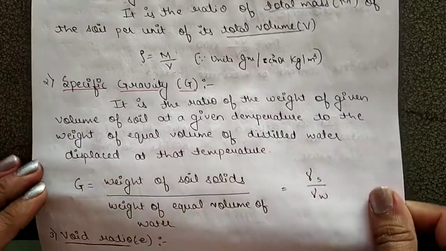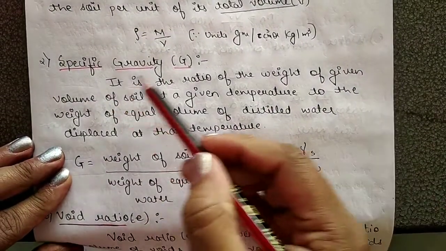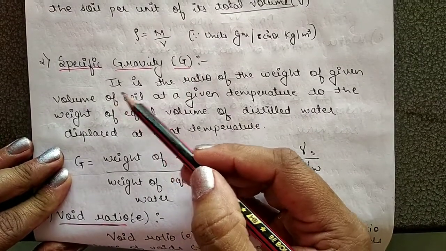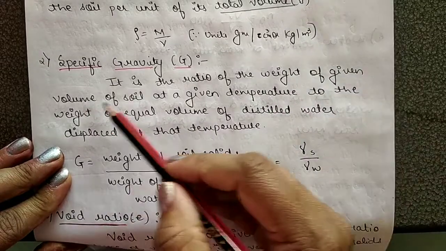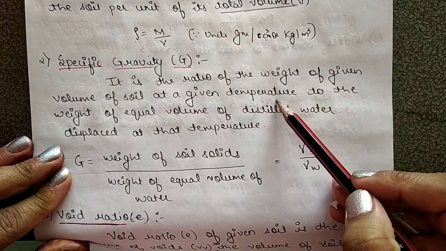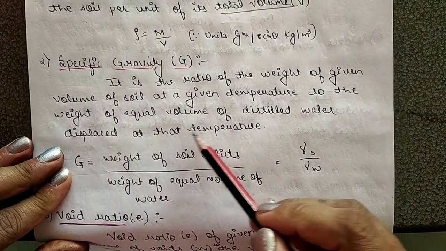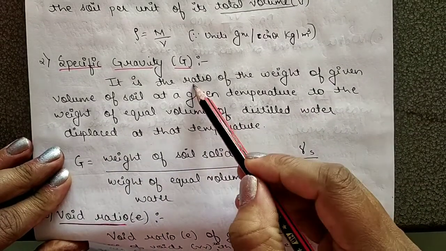The next one is specific gravity, which is denoted by G. The definition is the ratio of weight of a given volume of soil at the given temperature to the weight of an equal volume of distilled water displaced at that temperature, which means it is a ratio.